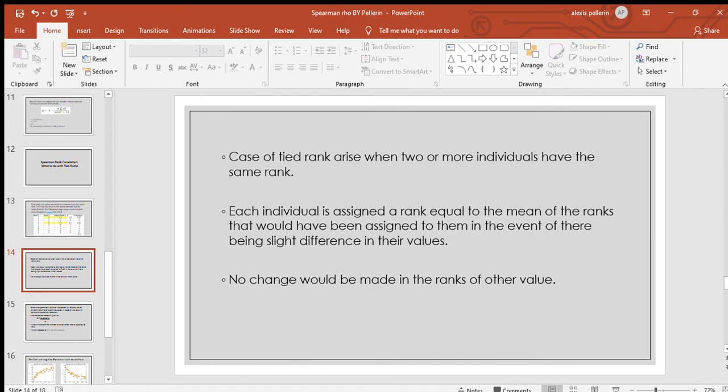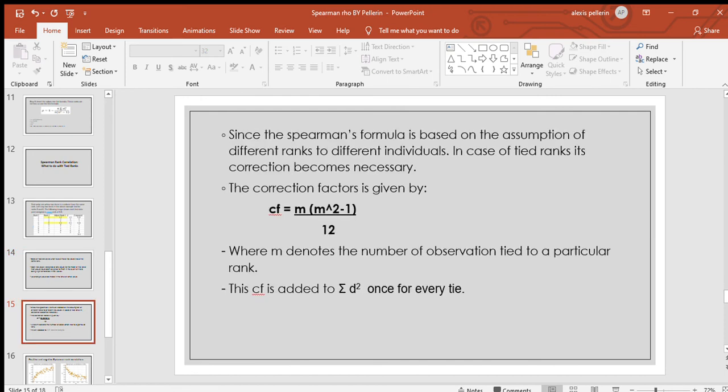So no change would be made in the ranks of other values. Since Spearman's formula is based on the assumption of different ranks for different individuals, in case of tied ranks, a correction becomes necessary.